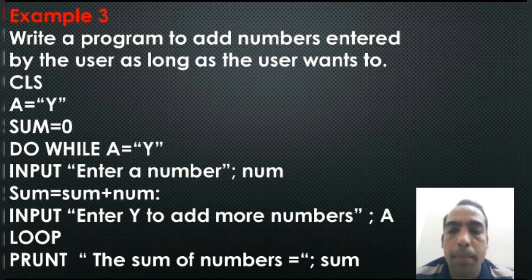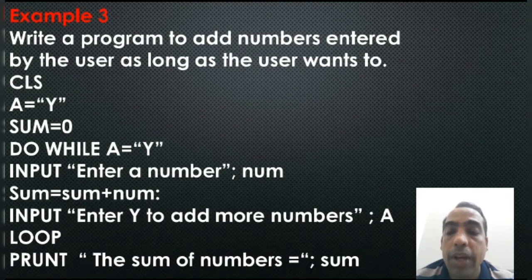Input, enter a number num, sum equals to sum plus num. Again we have to enter the value of a. If we enter the value of a as y, it means do while loop repeats the statements, otherwise it will get over.